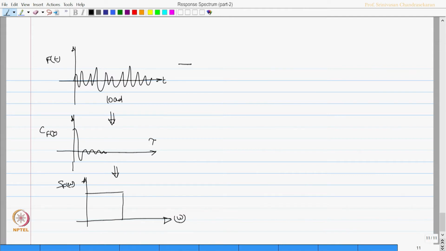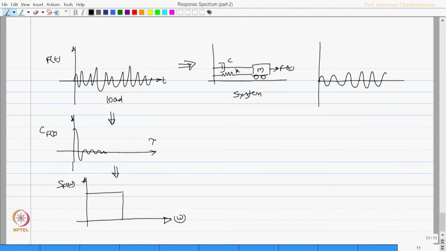If I apply this load to a dynamic system, which has got a mass, a damping force, and also the restoring force, and external excitation is what we applied here. This dynamic system has a response that looks like this on a time history.